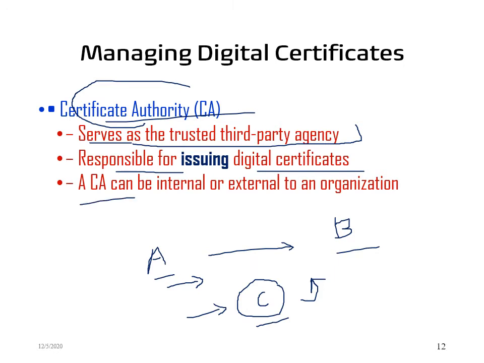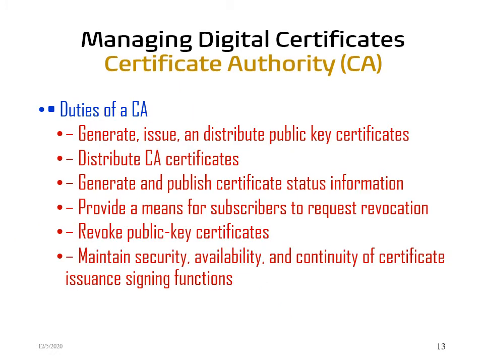So the CA, certificate authority, can be internal or external to an organization. This is also something I am going to show as a demo in a separate video. So what are all the duties of the CA? He can generate, issue or distribute a public key certificate, distribute the CA certificate, and generate and publish the certificate status information.